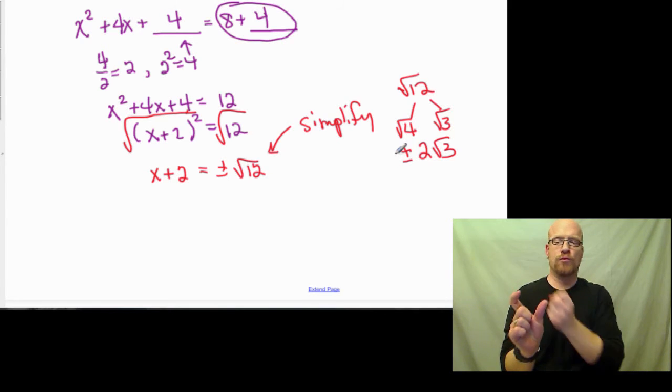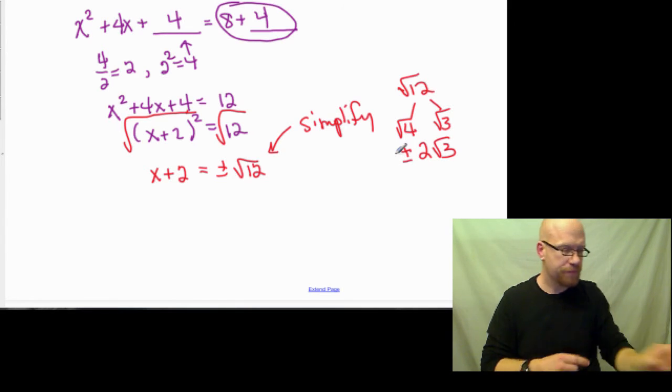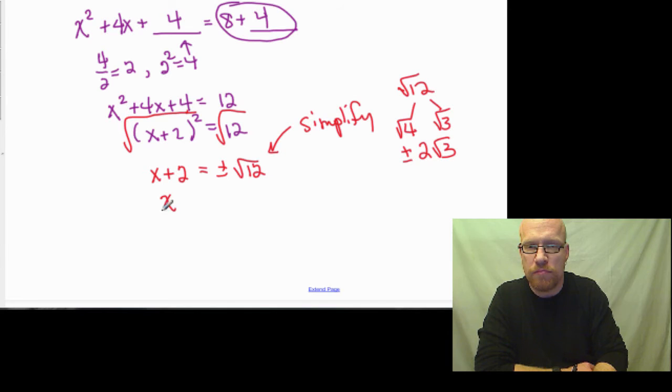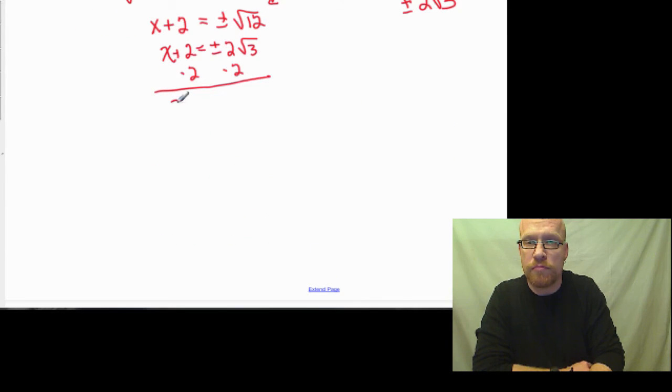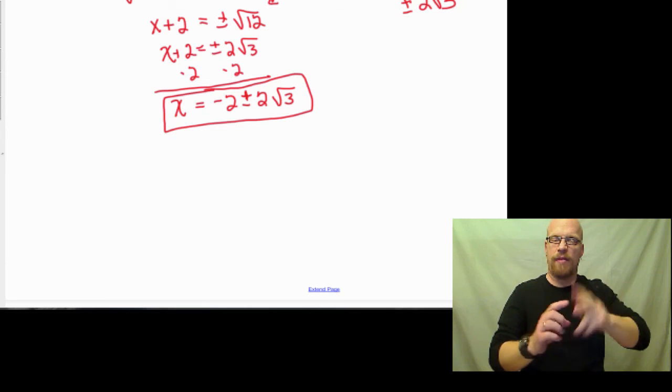You should see 12 and know that it can be split up into square root of 4 times square root of 3. Square root of 4 is 2, times square root of 3. Well, okay, that's it for completing the square.